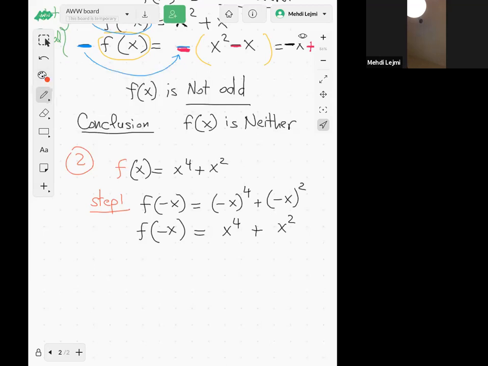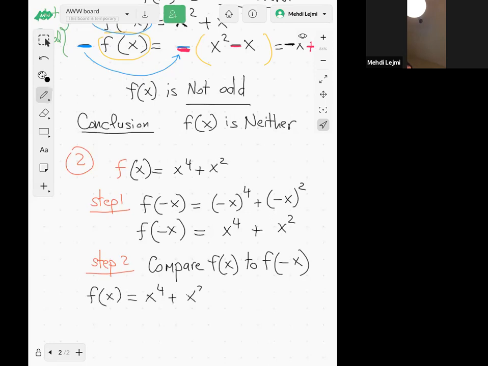Now in step number 2, I'm going to compare f of x to f of minus x. Okay, and f of x is x fourth plus x squared, and f of minus x is just this one here from the first step.